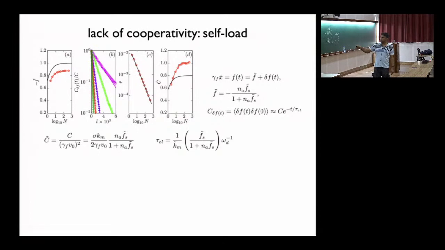Second, you can calculate the correlation function of the force felt by the filament, and you see that it decays exponentially, so there is a time scale from there. You plot that time scale as a function of the total number of motors present, and you see that as you increase the total number of motors, this time scale also decreases in a particular fashion. And then finally you can also calculate the strength of this noise. These are all first calculated from direct numerical simulation.